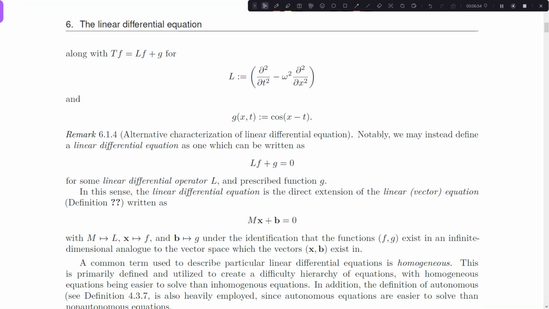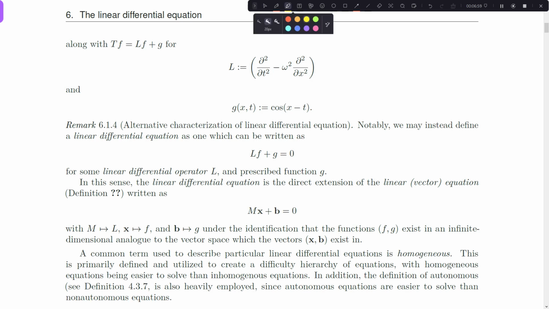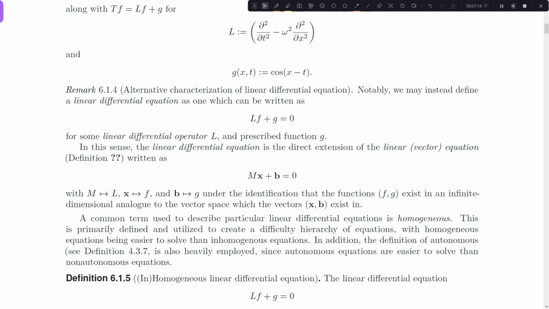And then we have to use some terms. Okay, so there's a common term that we use to describe linear differential equations, and make sure that you've verified a differential equation is linear before you start applying this term. That term is called homogeneous. We want to get used to this term, homogeneous differential equation, because what does it mean?